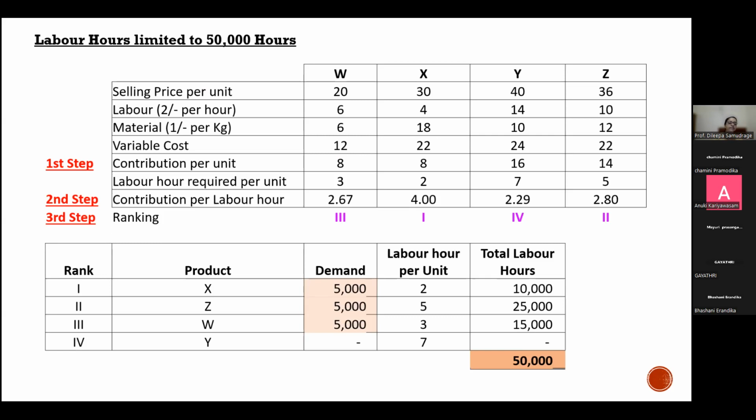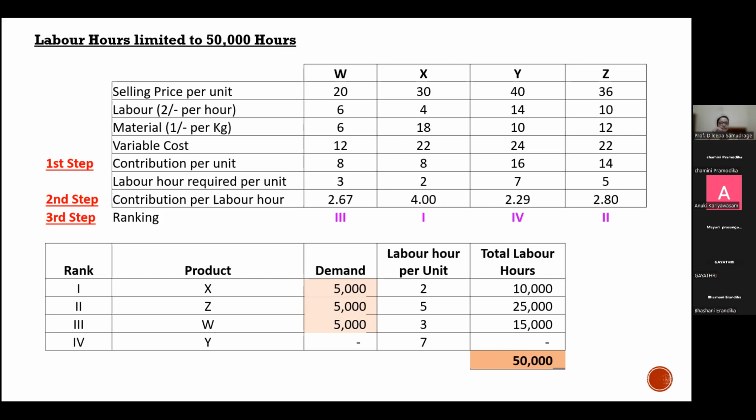The first step is contribution per unit. Secondly, you have to decide how many labor hours are required to produce one unit. In the first scenario, since the limiting factor is the labor hours, we can divide the contribution calculated above by labor hours per unit, as mentioned in the slide.